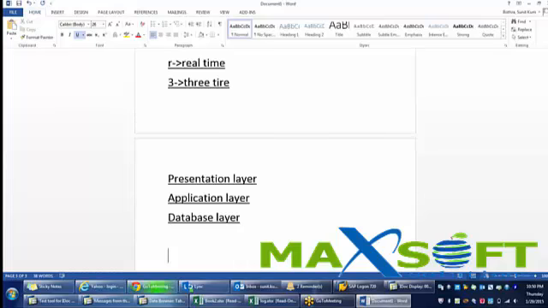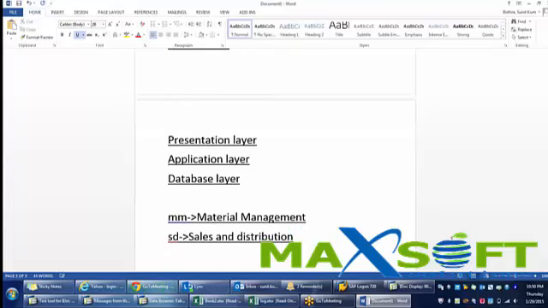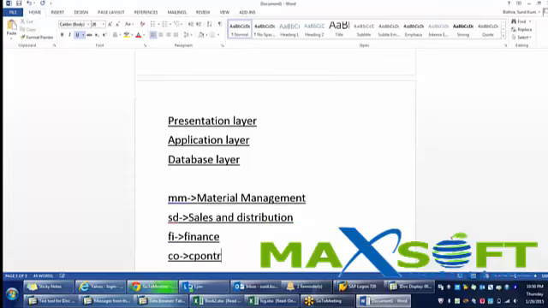These applications are required for different departments, and we call them modules, like MM module, material management. We have SD, sales and distribution. We have FI for finance, CO for controlling.